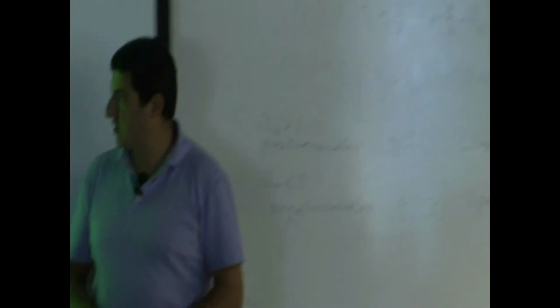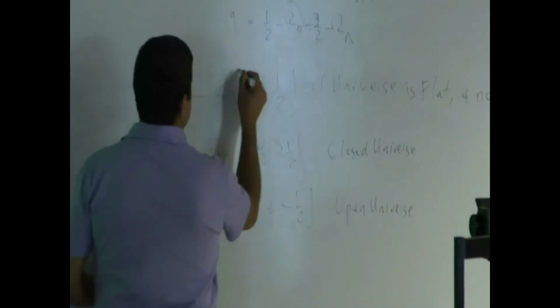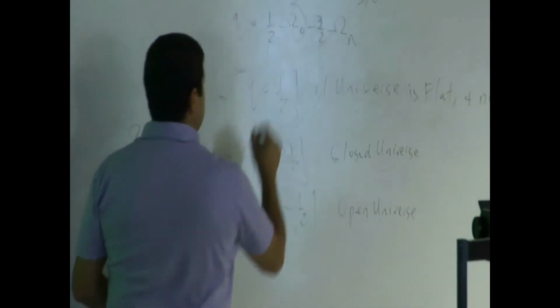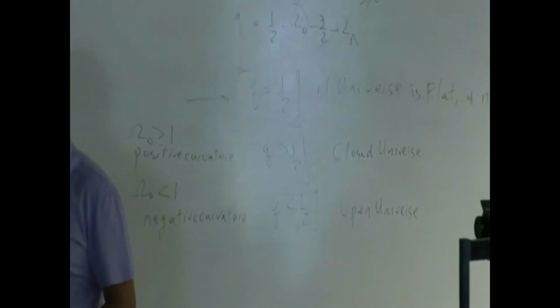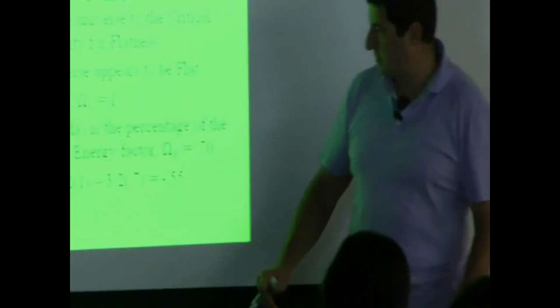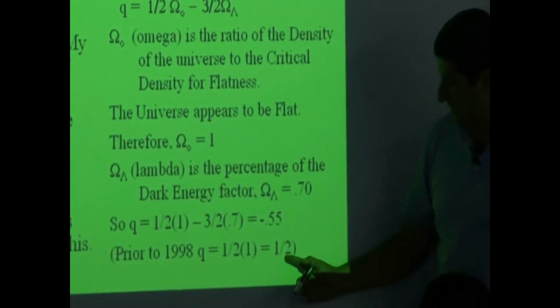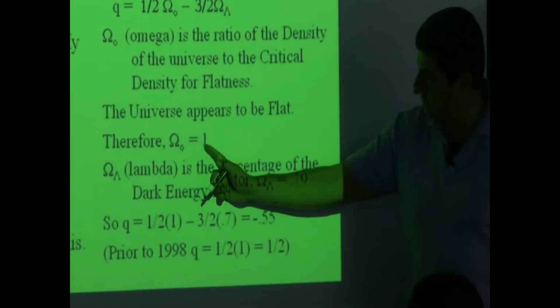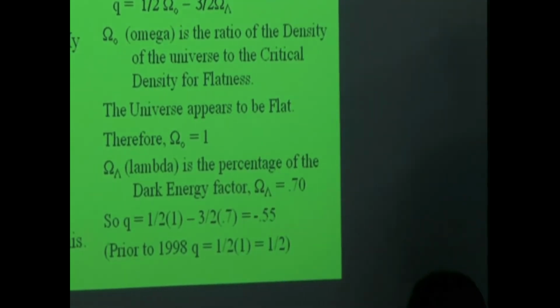Then once we determined that it was flat, that told us this was the best option: Q is half. Prior to 1998, Q is half of 1, which is half. Why? Because we determined that it was flat, so you put in 1. This is the best option.